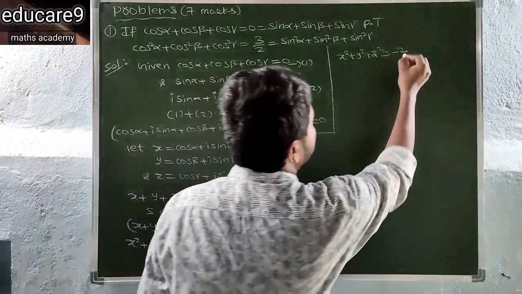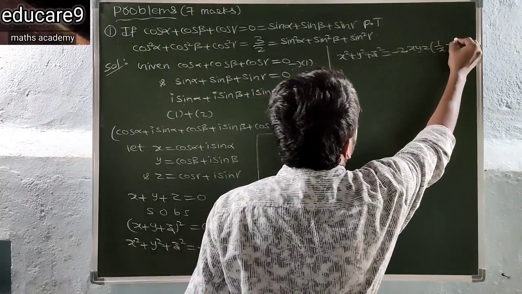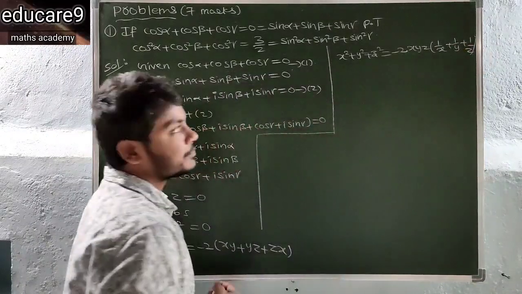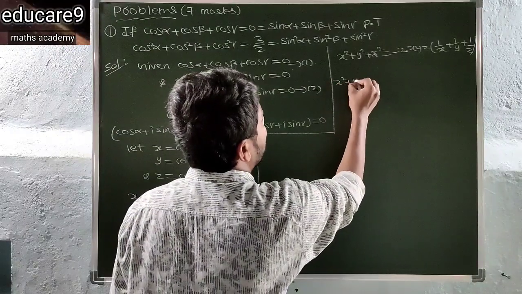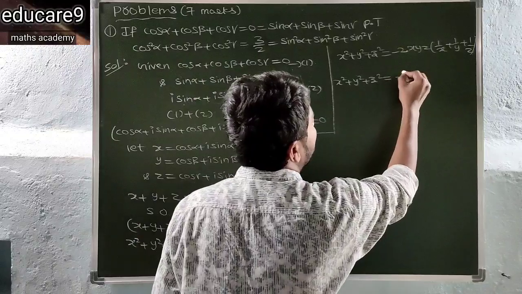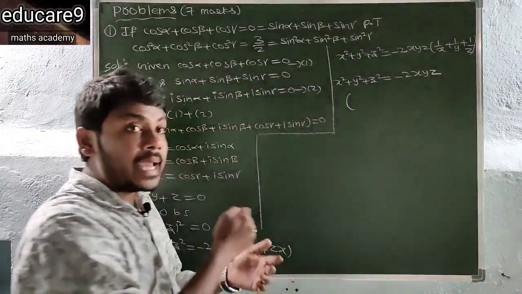So what you get is 1 by x plus 1 by y plus 1 by z. Clearly x square plus y square plus z square is equal to minus 2xyz into 1 by x.